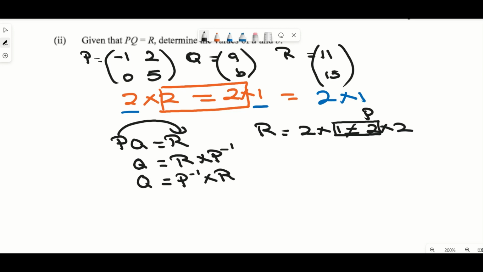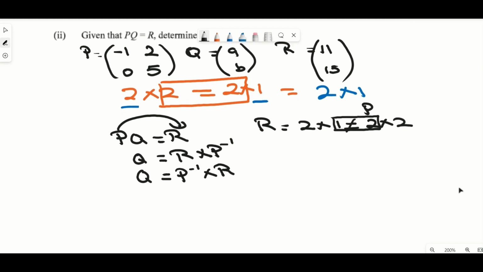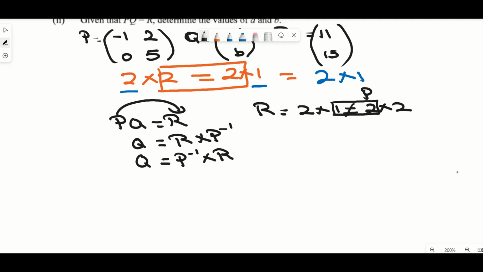Now, to find the inverse, it's a three-step process. However, we can just use the formula, where my inverse of P is equal to 1 over AD minus BC. And if we recognize AD minus BC is actually our determinant, multiply by your adjoint.